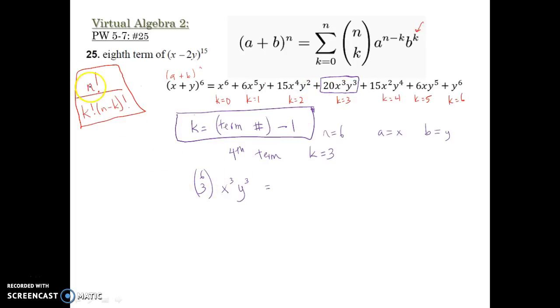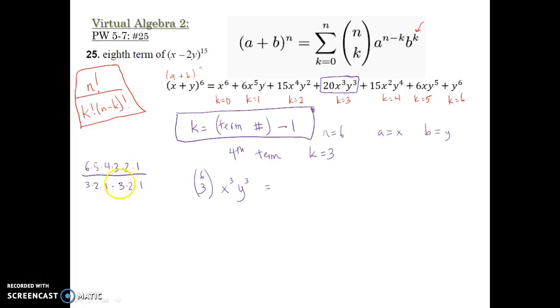Well, it's going to be 6 factorial. So that's 6 times 5 times 4 times 3 times 2 times 1 over k factorial, which is 3 factorial. So 3 times 2 times 1 times n minus k factorial. So 6 minus 3 is 3, so that's going to be a 3 factorial. 3 times 2 times 1.